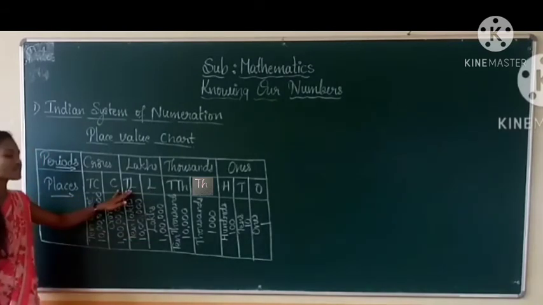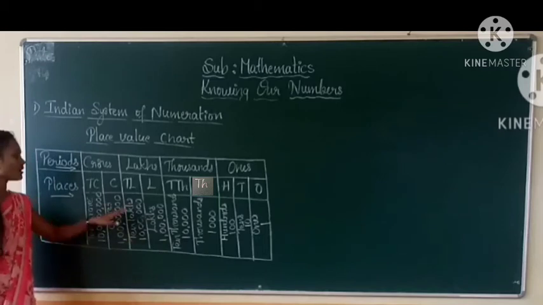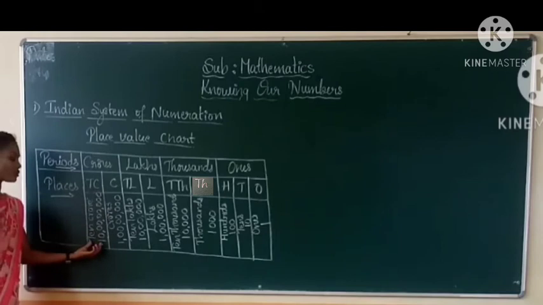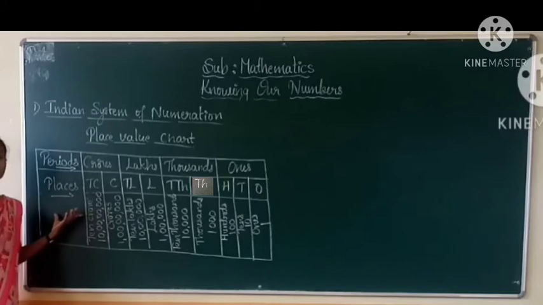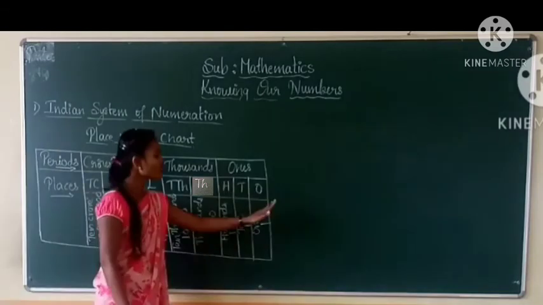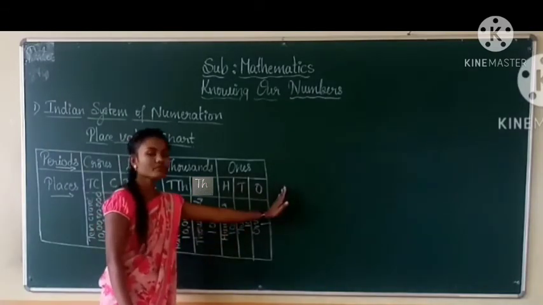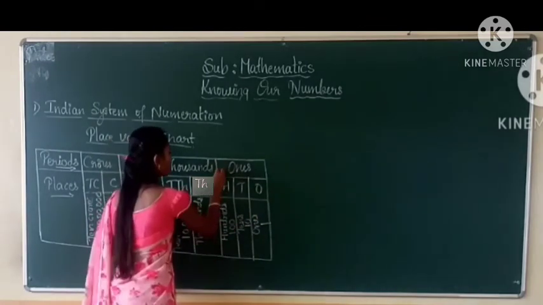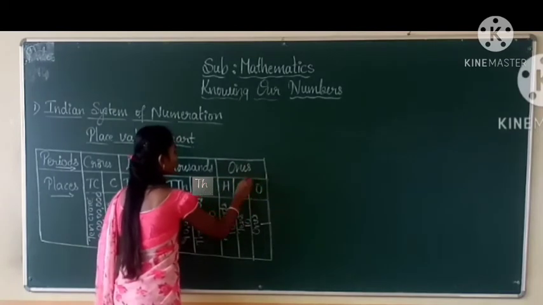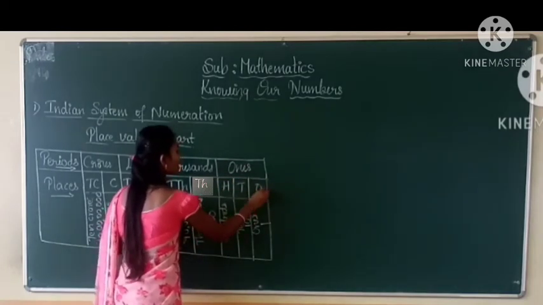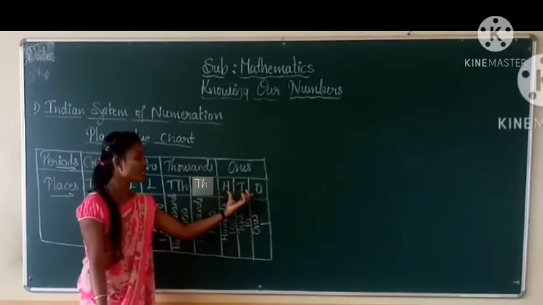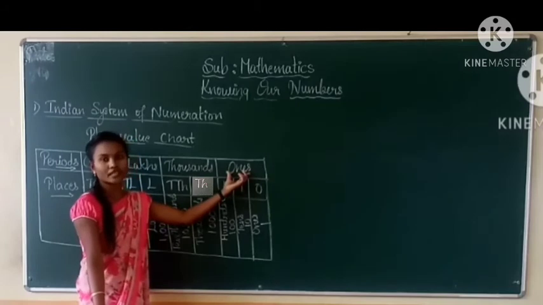The next place is lakhs place, then 10 lakhs place, then crores place, and the last one is 10 crores place. We already learned about this place value chart. From the right side, the first three places, that means ones place, tens place and hundreds place, are called ones period.